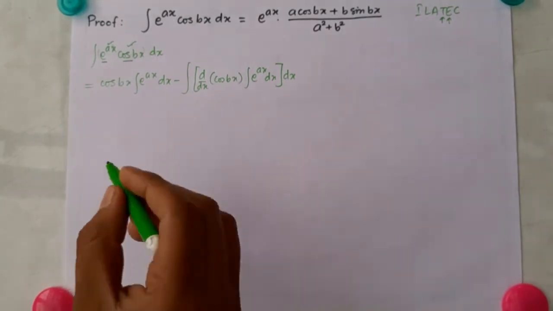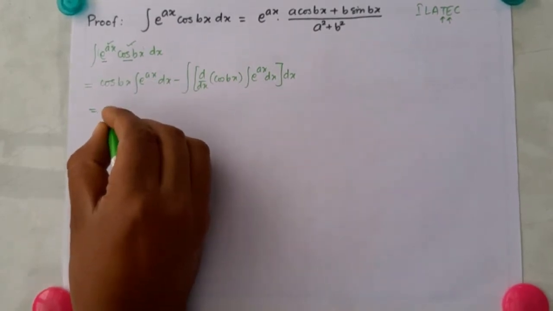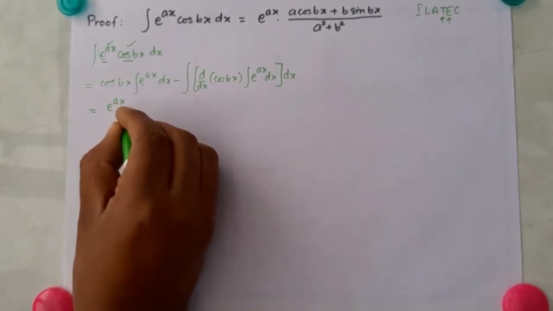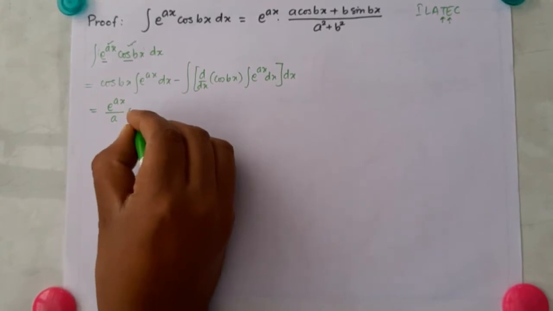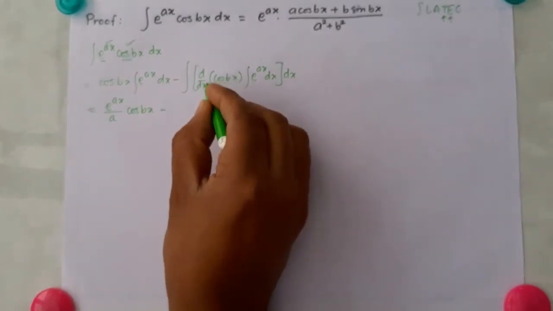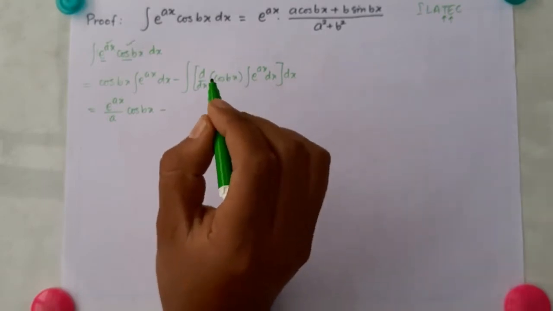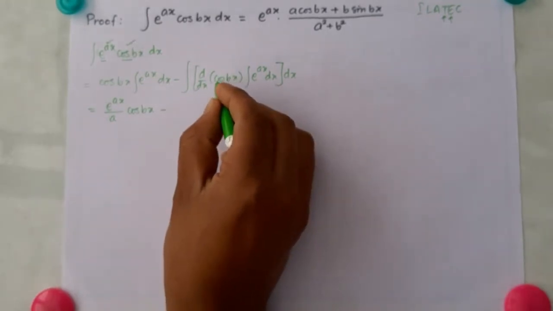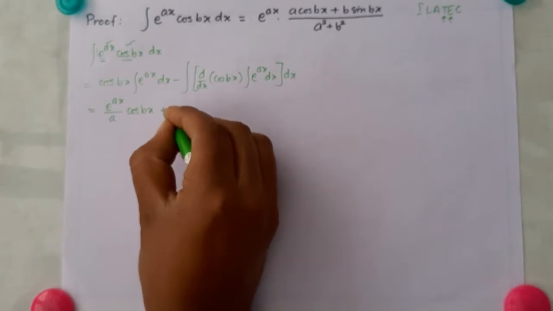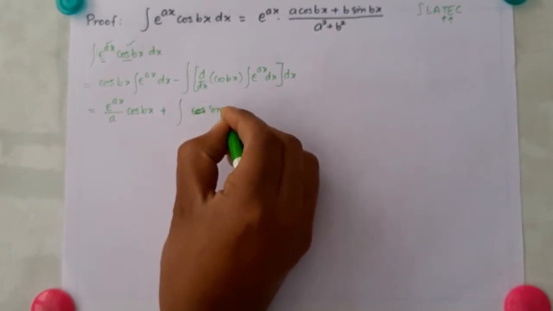Now the integral of e to the power ax is e to the power ax by a, so we have cos bx, minus, now the differentiation of cos bx will be minus b sin bx. See, the differentiation of cos will be minus, so it becomes plus. So it is sin bx.